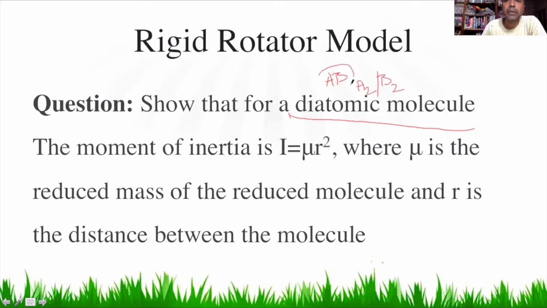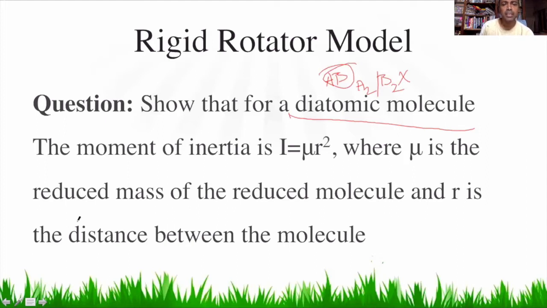But basically we will discuss it for AB, not for the similar molecules or homonuclear molecules. So it will be discussed for the heteronuclear compound.